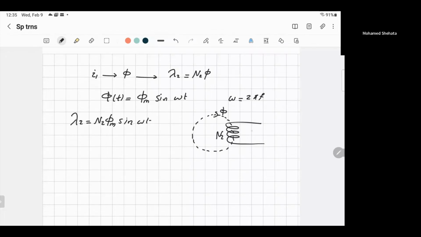So it will produce EMF here, E2. What is the relationship between E, the voltage produced by the magnetic field, and the flux? Yes.